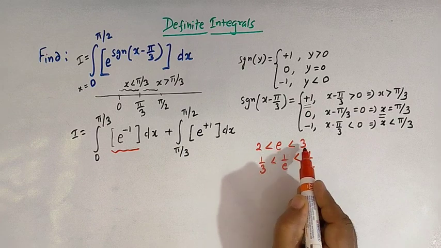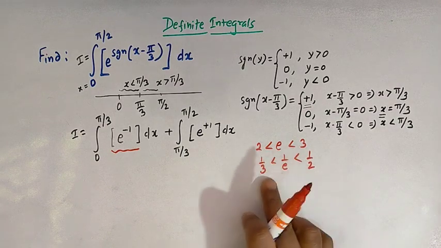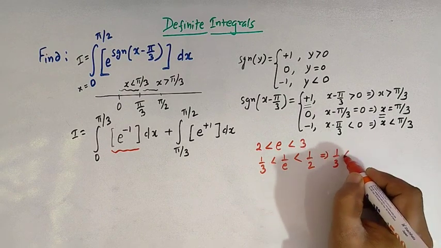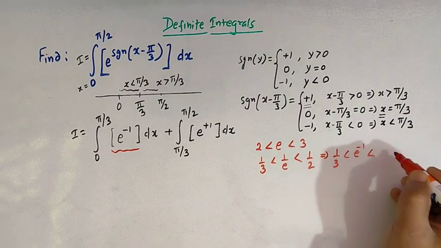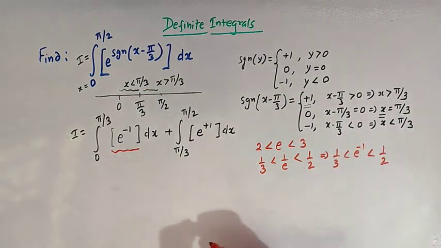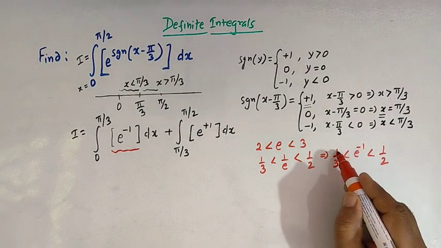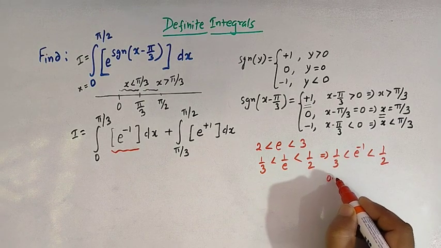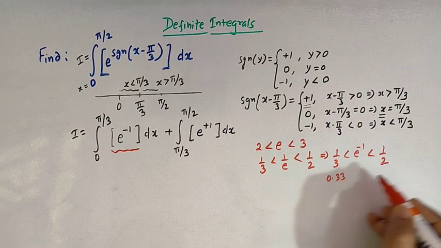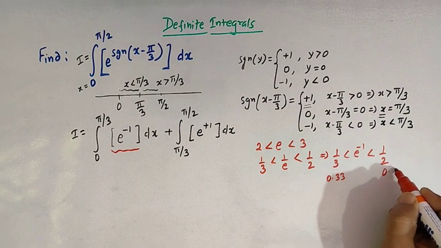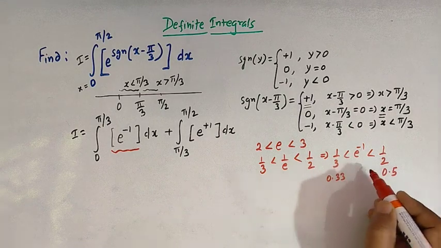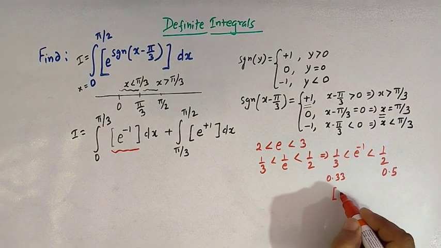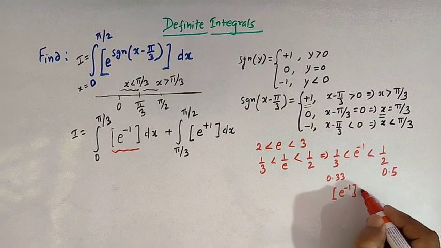So e raised to minus 1 lies between 1 over 3 and half. 1 over 3 is approximately 0.33, and half is 0.5.